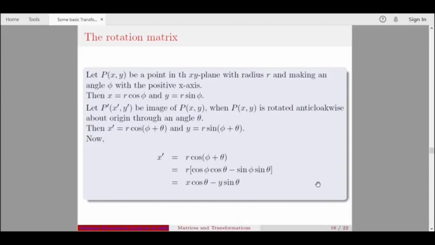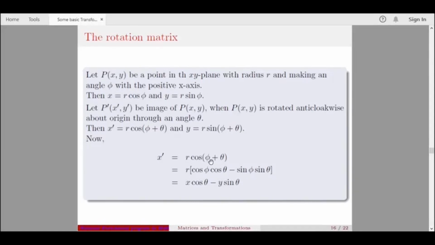The image of the point P is P' with coordinates (x', y'). Now the new coordinate x' is equal to r cos(phi + theta) and y' is equal to r sin(phi + theta).